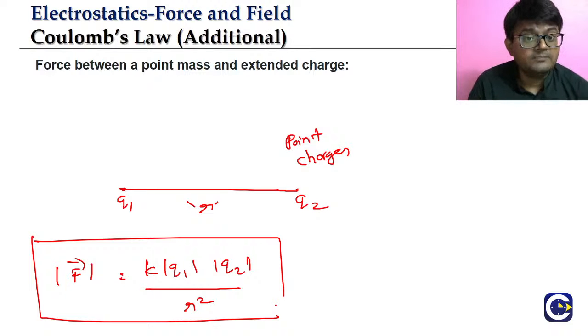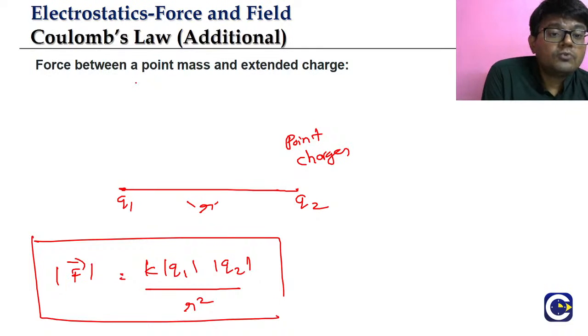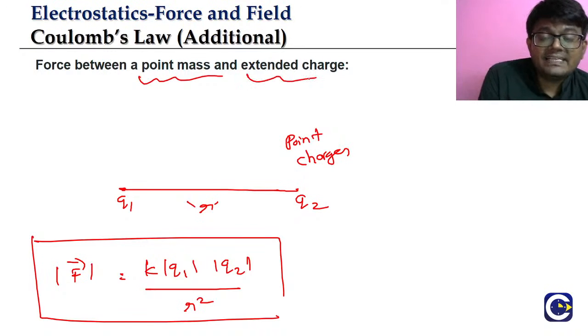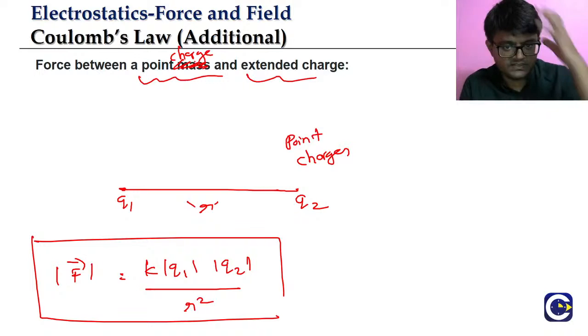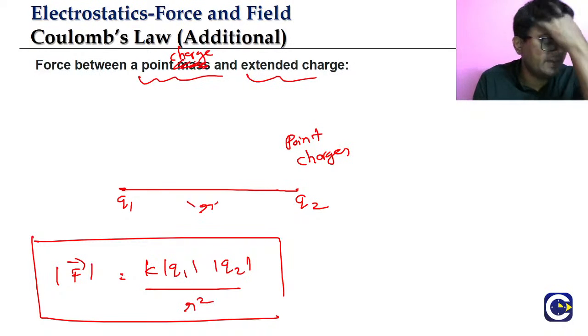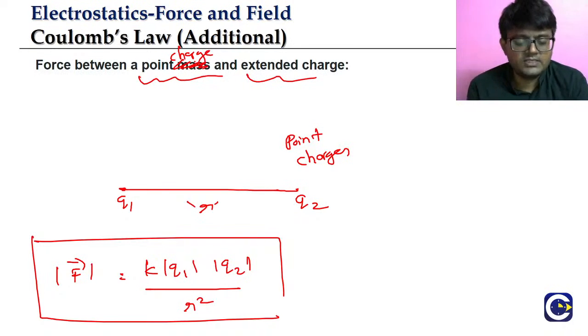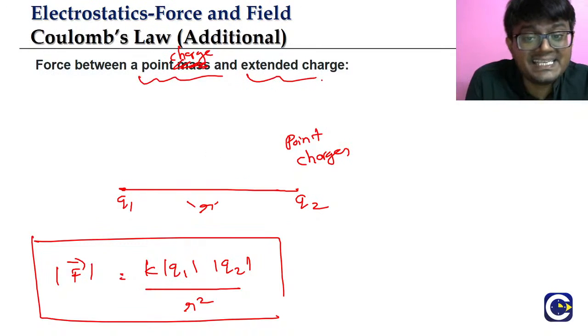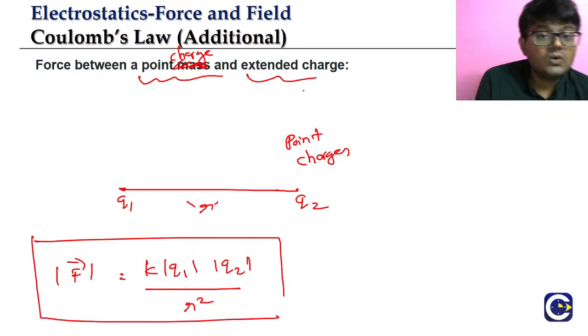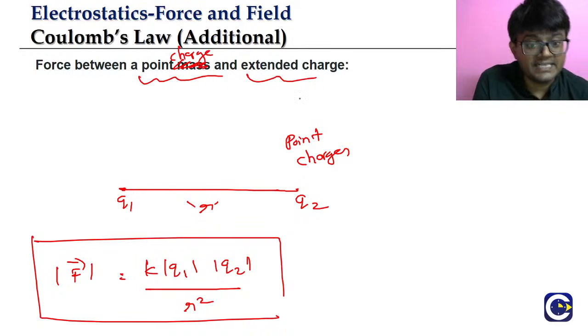But if you want to find the force between a point charge and an extended charge, not a point mass, we can write point charge, because we are looking at a point object. Force between a point charge and extended charge.